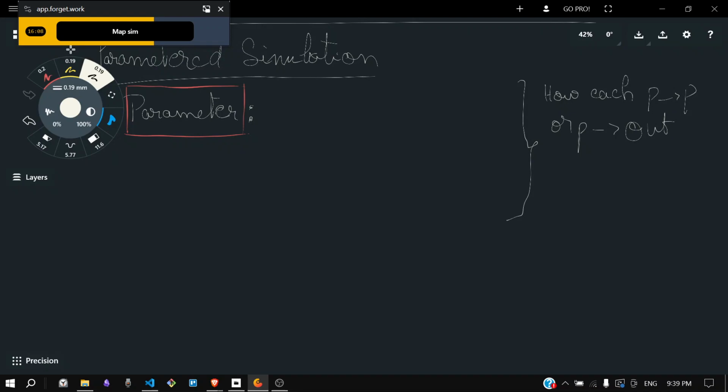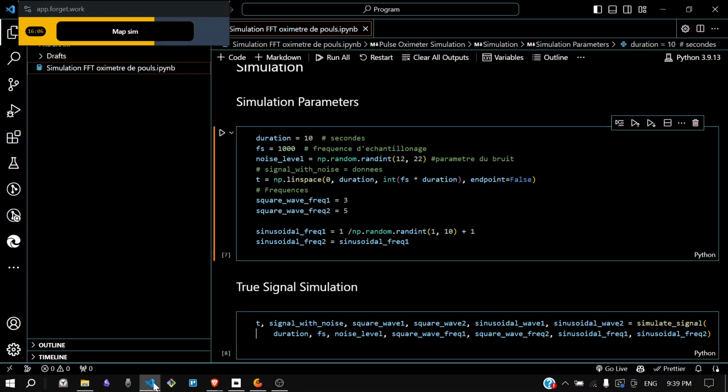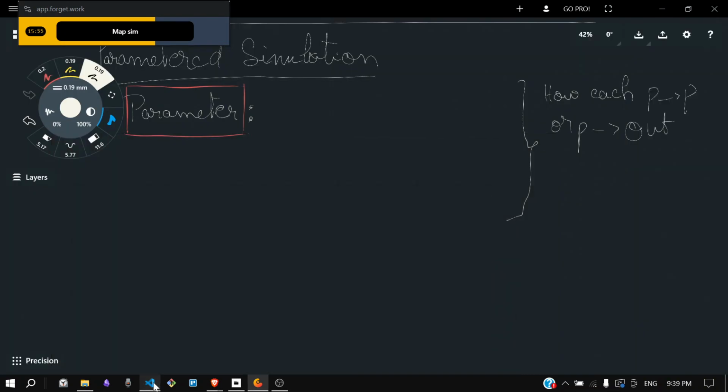So let's look at our parameters. I know there's duration, there's time, so we have duration, sample frequency, noise level.